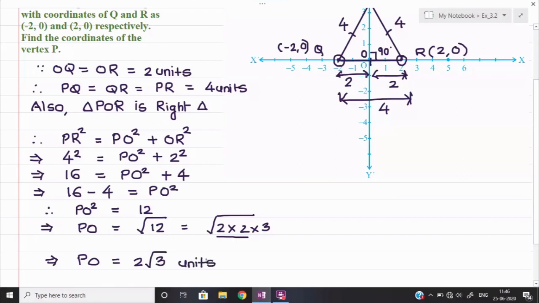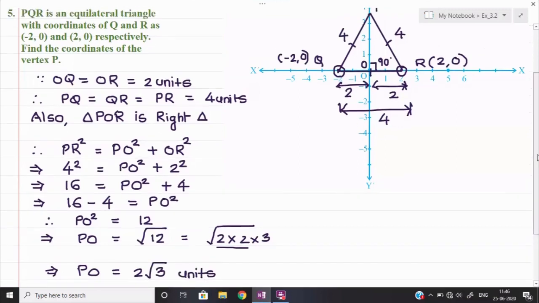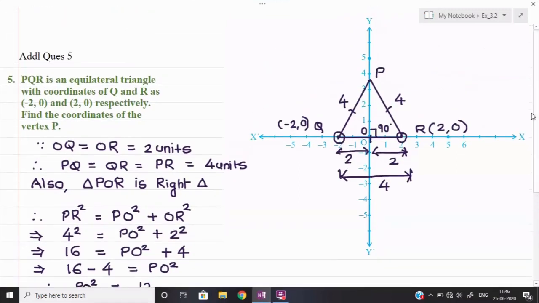Okay, now see, if I come to the figure again, look at the figure. So P I am marking here as 2 under root of 3 units. See, this is the value of PO as 2 under root of 3. Now you see this vertical distance is coming here as 2 under root of 3 units. Means I can say that the y coordinate of P will definitely be 2 under root of 3.